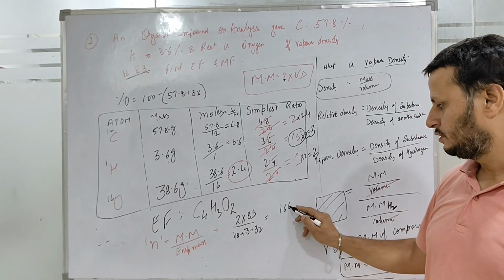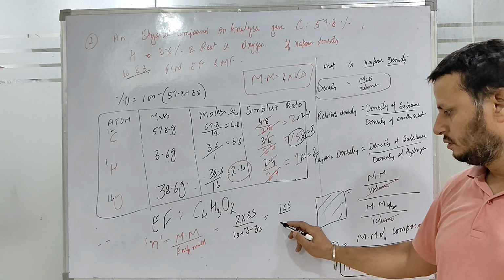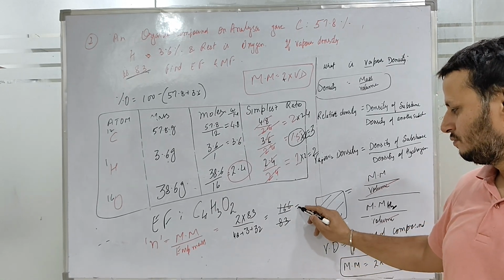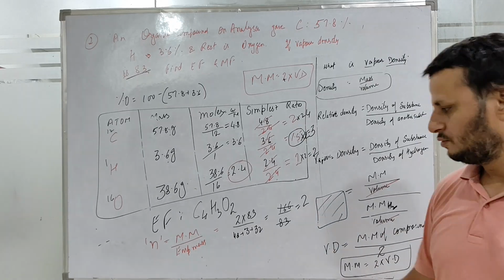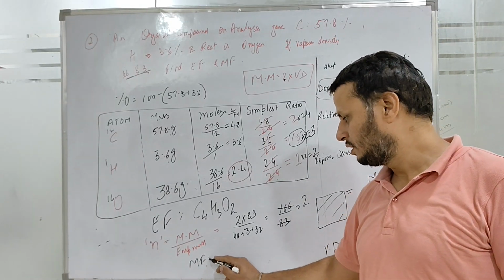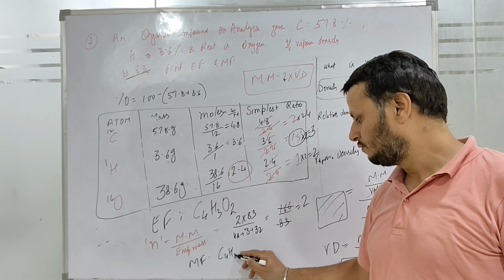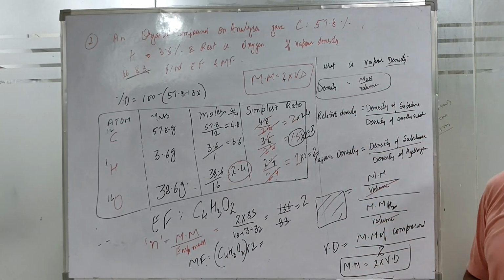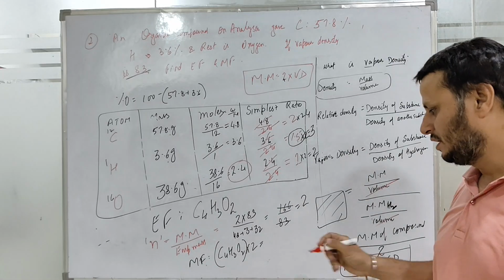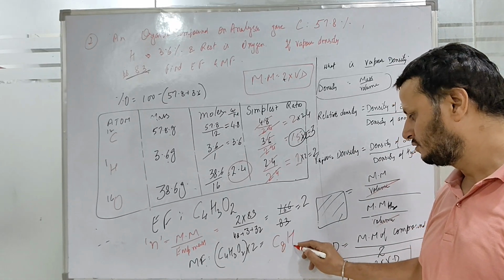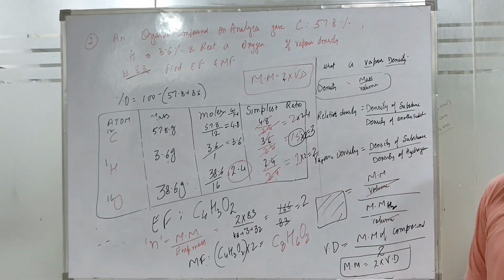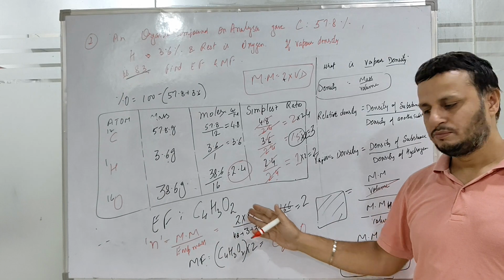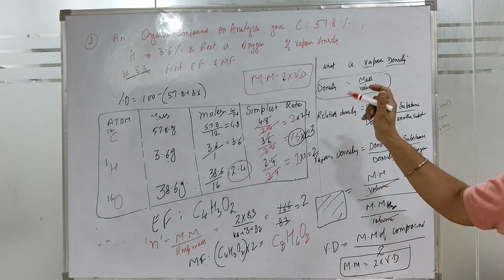So 166 divided by 83. So 83 into 2 is 166. So we will multiply the empirical formula by 2. And that will become C8H6O2. This is the empirical formula and this is the molecular formula.